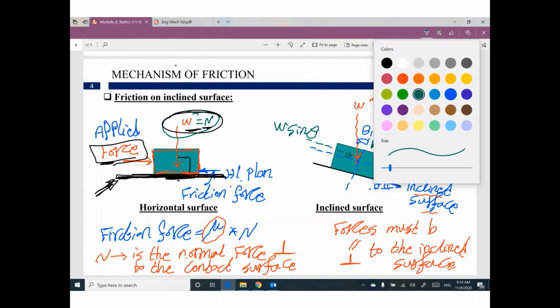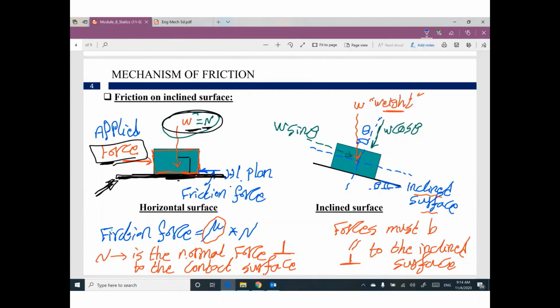Which component of the weight, this one or this one, would like to push this box to move? I believe this component would like to push this box down. So I expect, opposite to this direction, another force which is called the friction force.